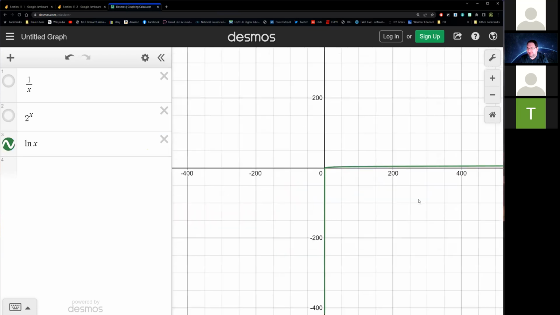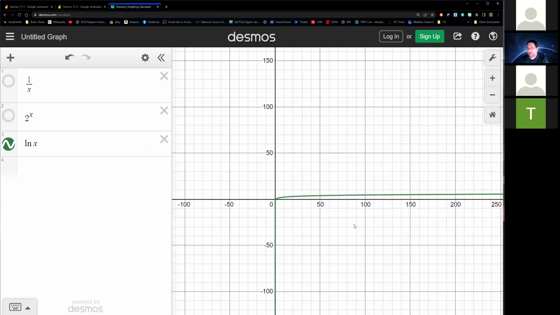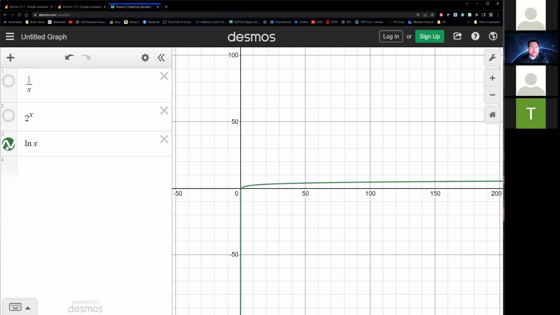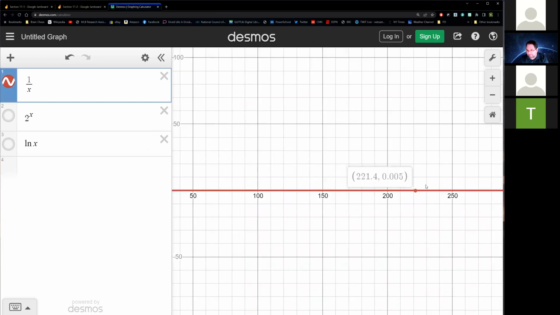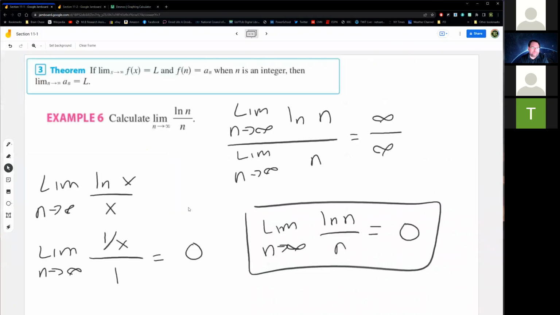Does that make sense? Yeah, I see what you mean. So that's basically what we're looking at. This one's definitely getting closer and closer to 0, and it never goes below 0.